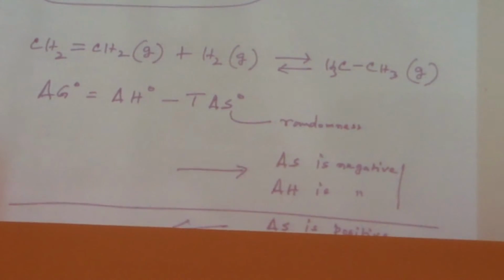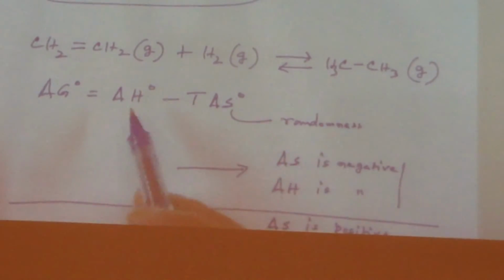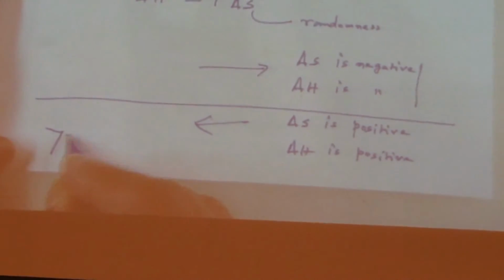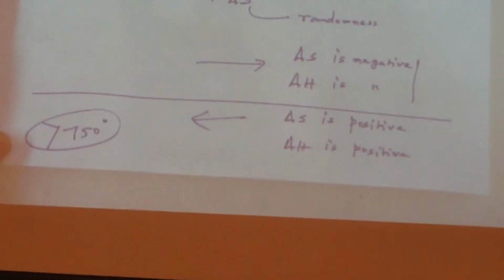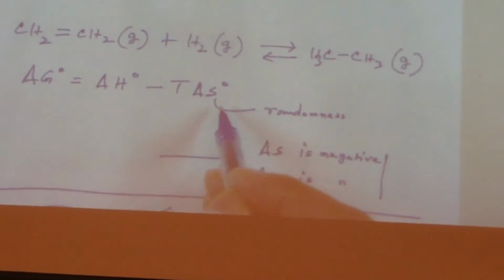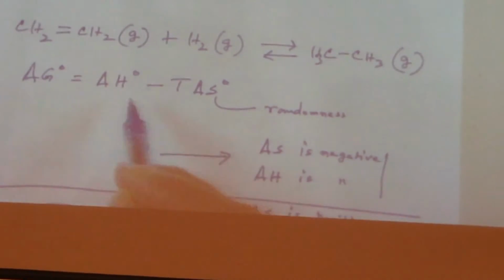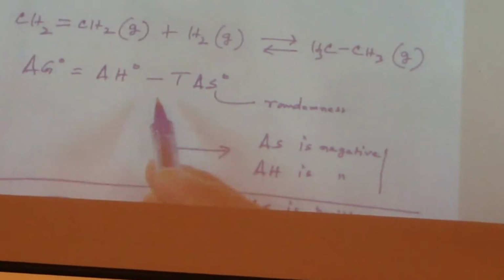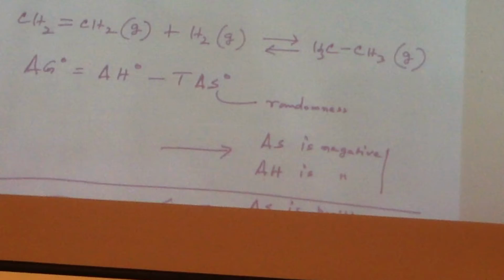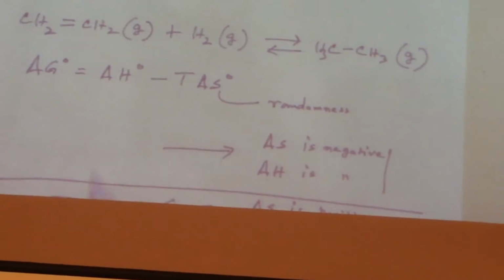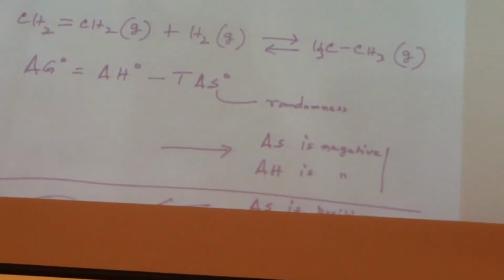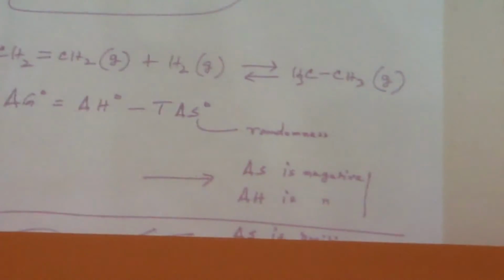But at a very high temperature, you can actually do the reverse reaction where hydrogen will be taken out and you will form alkene. So at greater than 750 degrees, what happens is this expression becomes fairly large, and even though the delta H0 is positive, this gets so large that overall it's still a negative number. And therefore the delta G0 is negative, and therefore it's favorable to go from right to left.